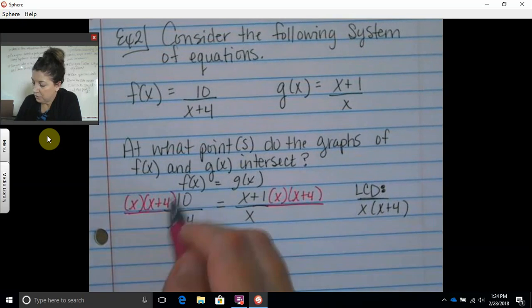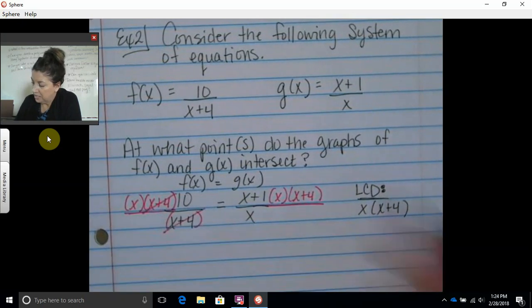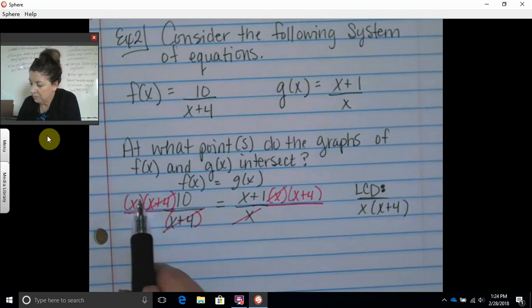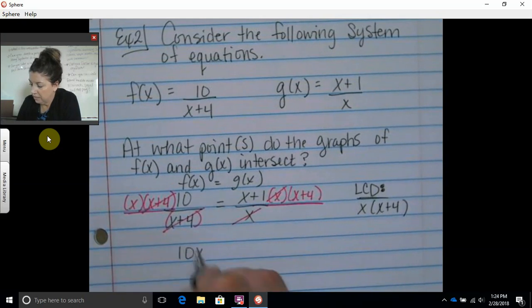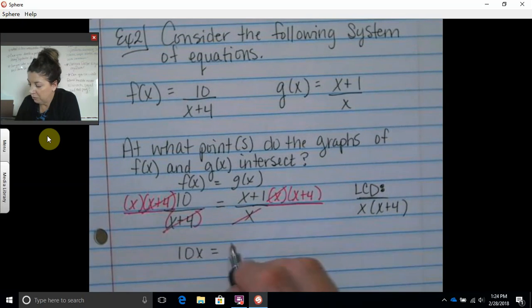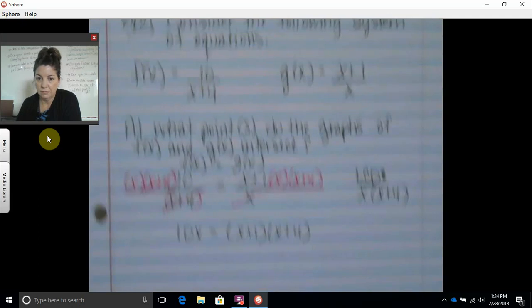Reduce where I can, x plus 4 and x plus 4. On the right side, x and x. And we'll see what's left. In my first term, I have x times 10, which makes 10x. On the right side, I have two binomials. I am going to have to distribute in order to get rid of the parentheses.